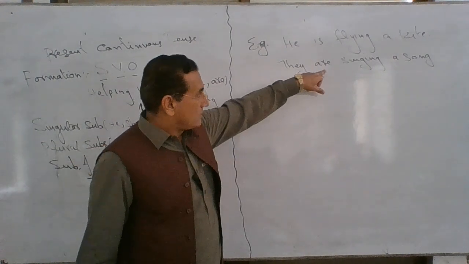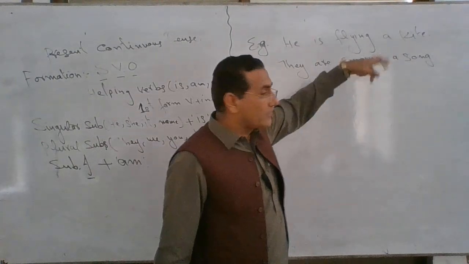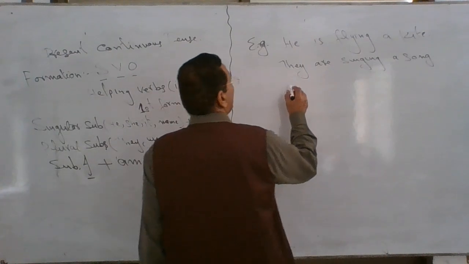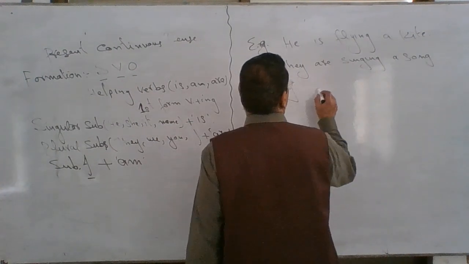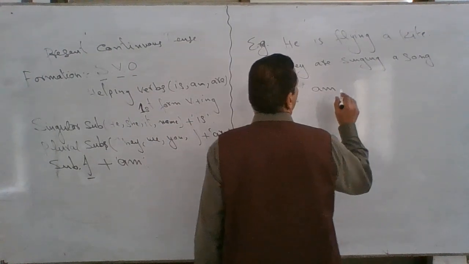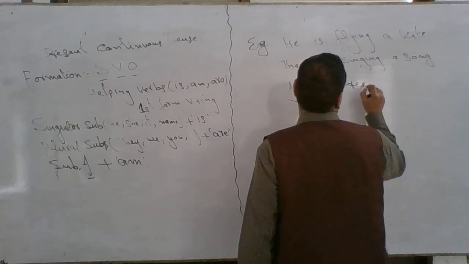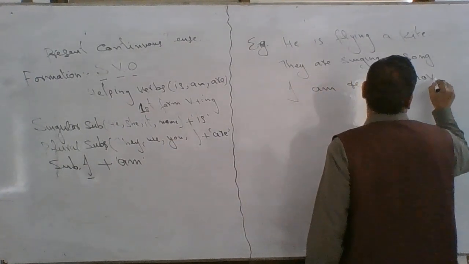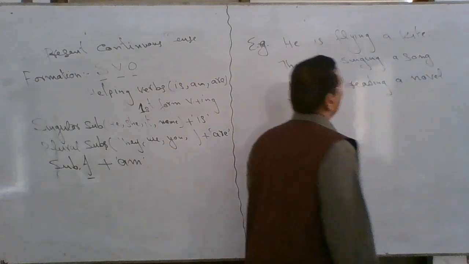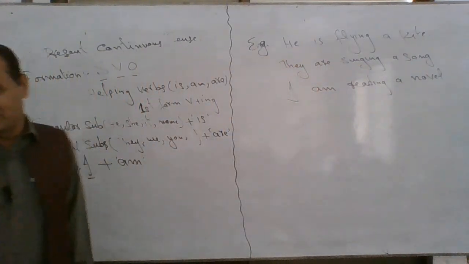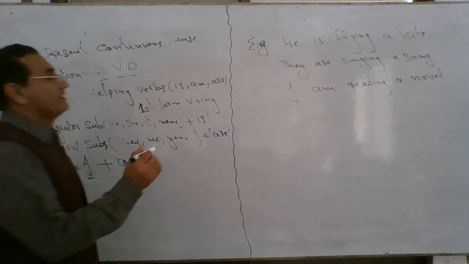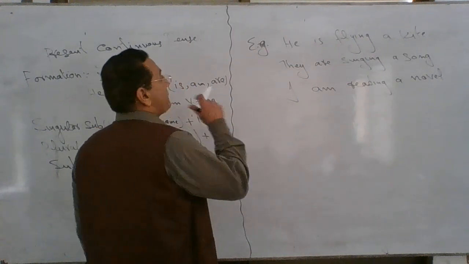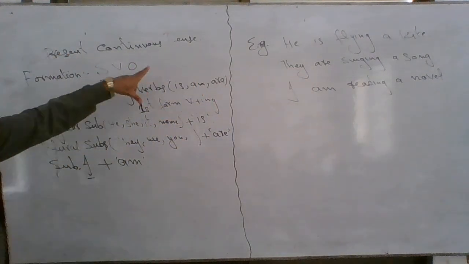It carried are with itself and then the ing form of the verb. And when I is there: I am reading. Yes, I am reading a novel, 100 Years of Solitude, for example. Now, I am reading a novel. So that is what the examples are.